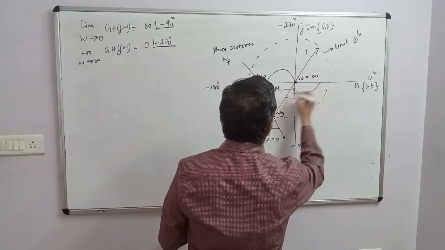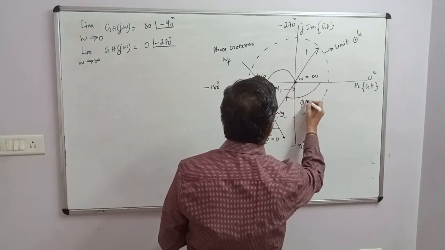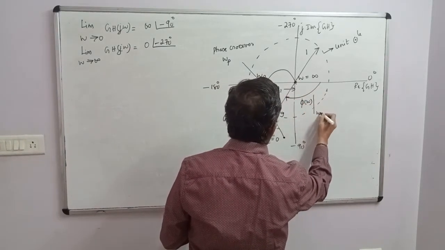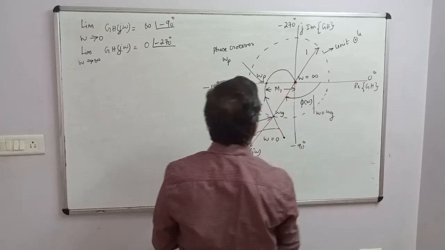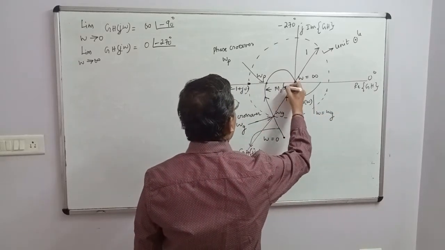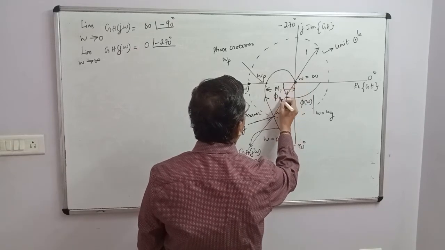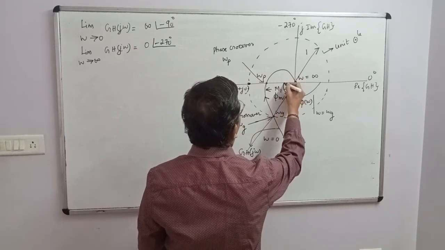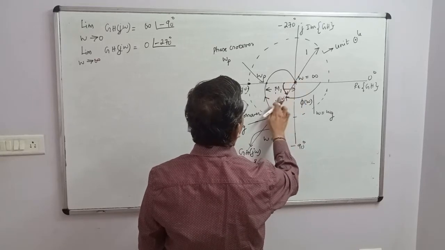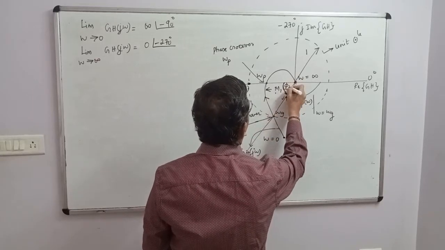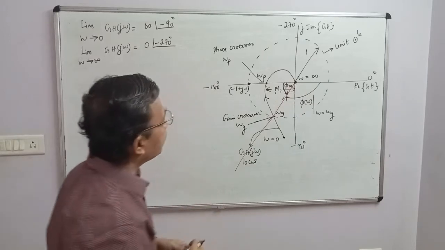This is nothing but phi of omega at omega equal to omega g. This angle I will call phi m.